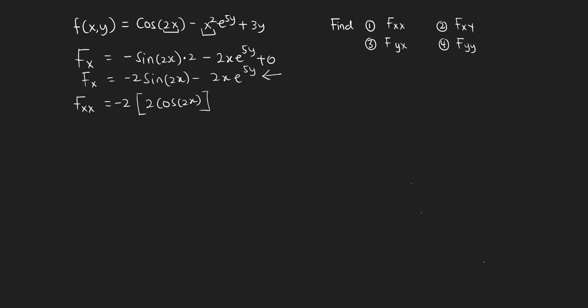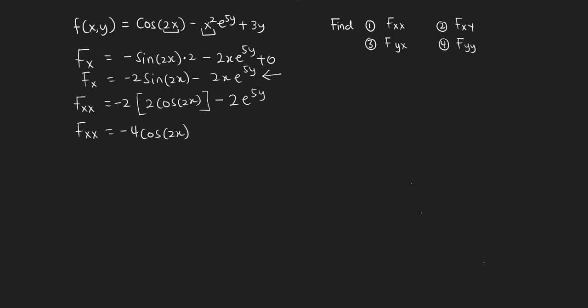So now let's continue. Minus. For this term, we still don't have any x in it, so we are going to keep it as a constant. Now let's differentiate 2x. That gives us 2, so that will be minus 2 multiplying e to the power 5y. So now let's rewrite this. We're going to have f_xx equal to this 2 multiplying these 2 here. That gives us minus 4 cosine of 2x.